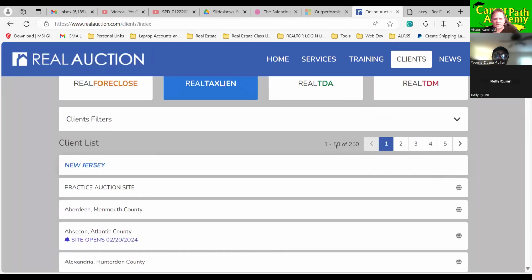You can see that New Jersey has 250 municipalities that use their software for doing their tax auctions. But we have like 560-something municipalities in the state. So you have to find out from the other ones, if they're not listed here, that you want to invest in, what software or what website they use, or how you get on their list to learn about their tax auctions.